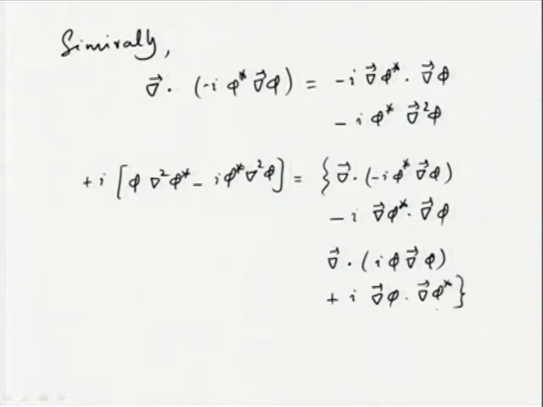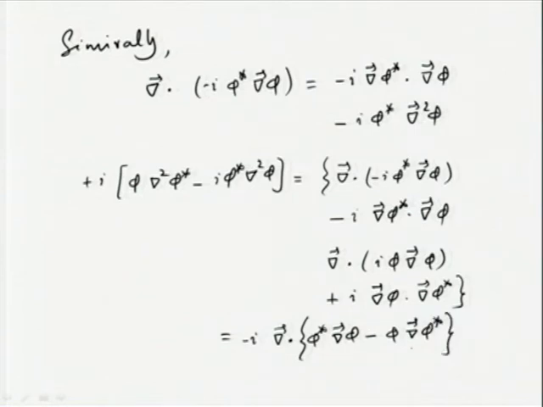Again the second and the fourth terms cancel, and this is essentially equal to minus i del dot phi star del phi minus phi del phi star.